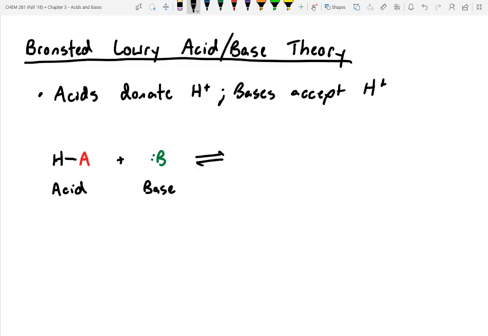However, we'll talk more about that later. It depends on the strength of the acid or the base. And this base can actually reach over, grab this proton, and we show this with arrow pushing notation. We'll practice this more later. And then the covalent bond between the proton and the acid gets kicked over onto A. All right, so now we've got a covalent bond between the proton and our base B.